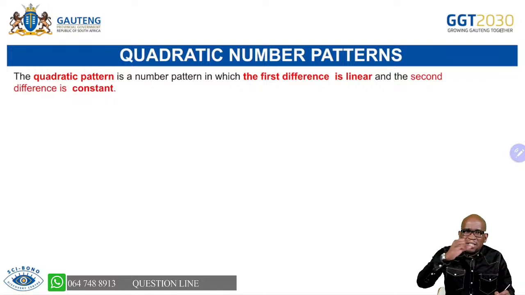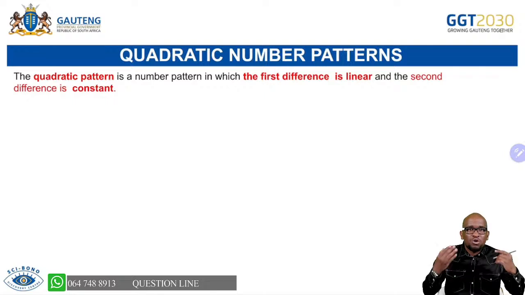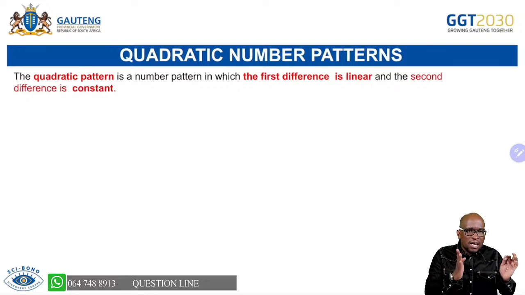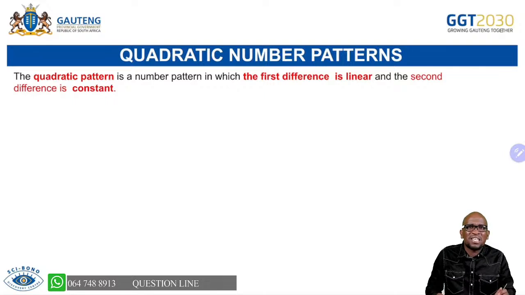So the first difference forms what we normally call an arithmetic sequence in grade 12. Please keep in mind that the first difference of that quadratic number pattern can be treated as any arithmetic sequence that you've been treating this year.